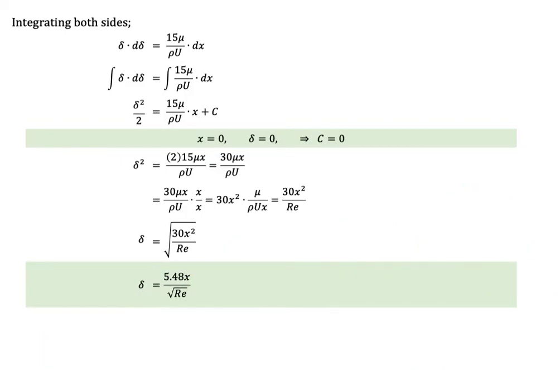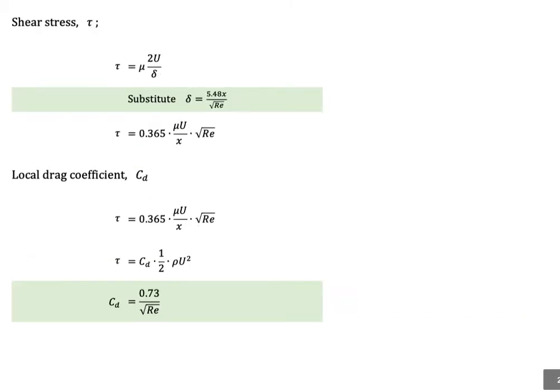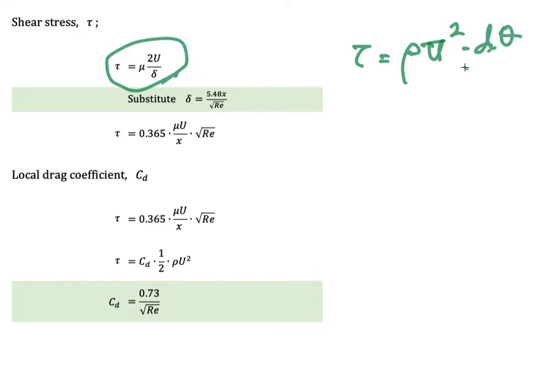If we continue our calculation here, we could calculate the shear stress. I advise you to take the shear stress from Newton's law of viscosity, because for von Karman, you have tau equal to rho u square d theta dx.